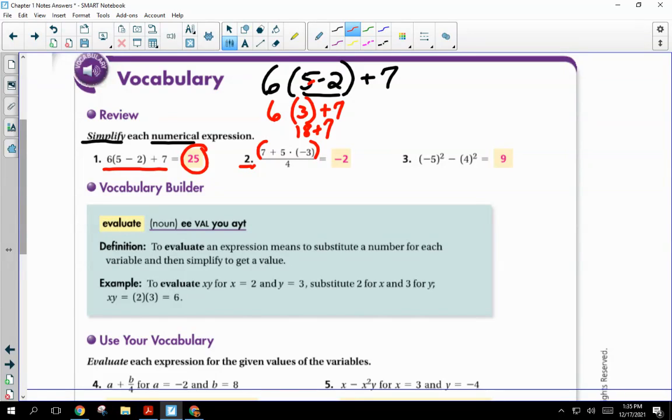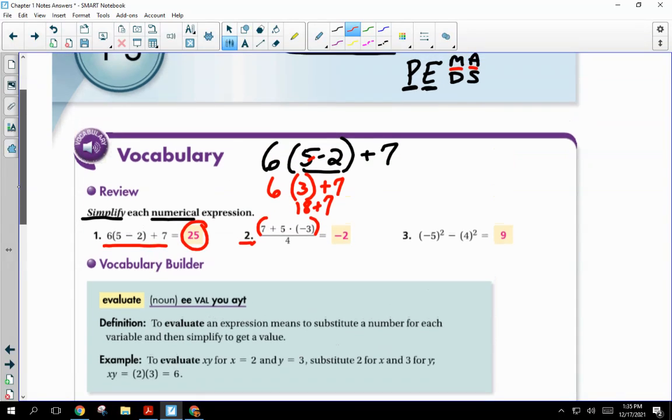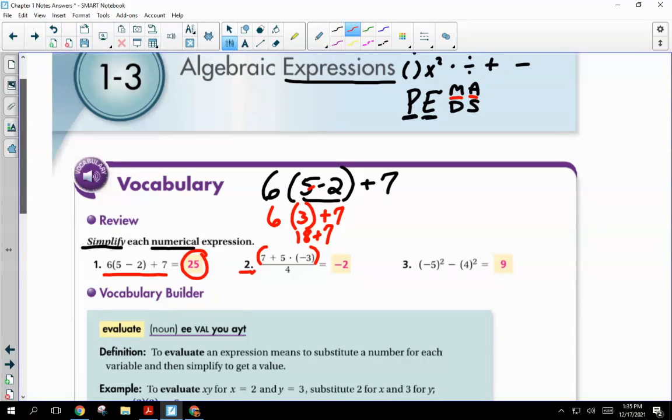So number two, 7 plus 5. As you can see from the order of operations, addition comes way after multiplication. So we're going to do multiplication first. 5 dot, which means multiplication, times negative 3. So 5 times negative 3 is negative 15, divided by 4.